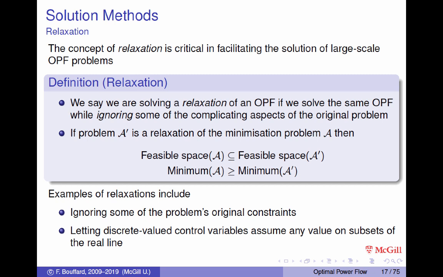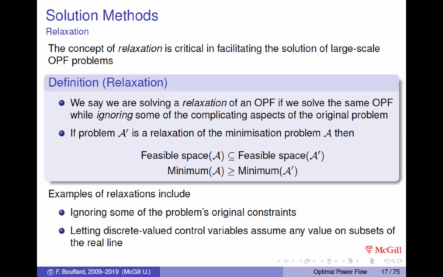Relaxation. The concept of relaxation is very, very important in the solution of large-scale OPF problems. And even now, not that I'm going to spend a lot of time talking about this, but I'll mention it in passing, relaxation is currently the hottest topic in the solution of optimal power flow problems. So what is a relaxation?